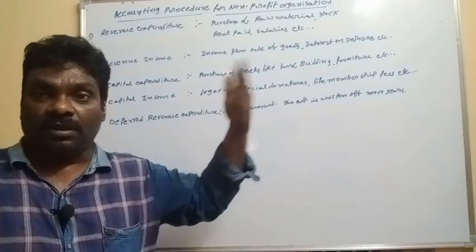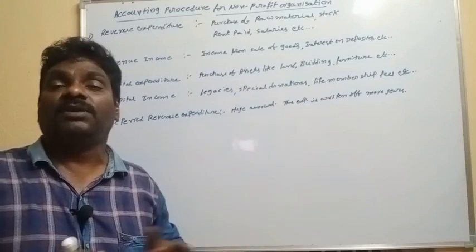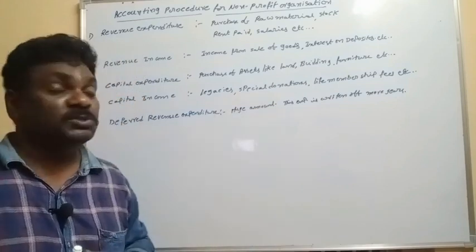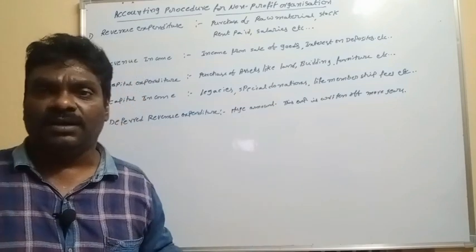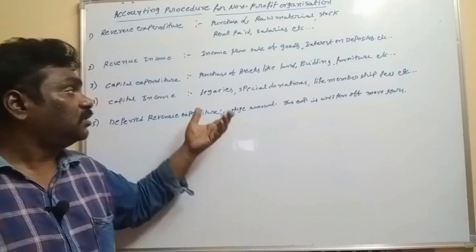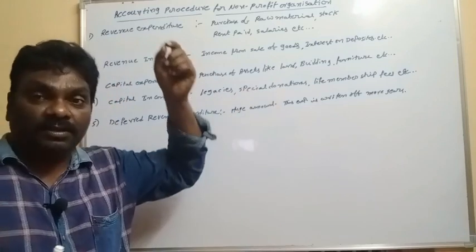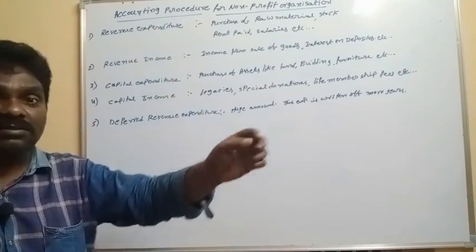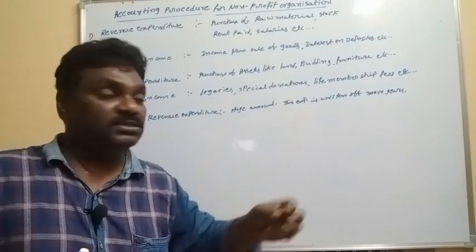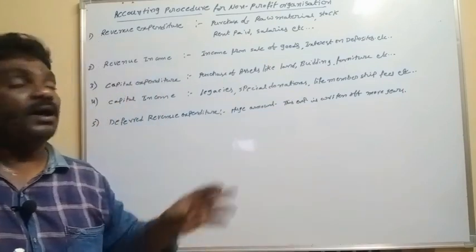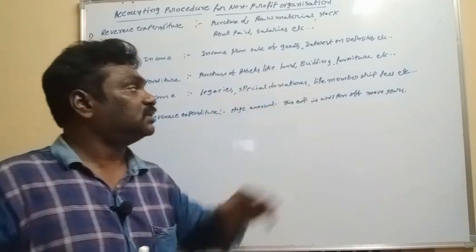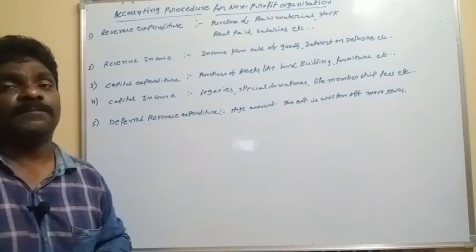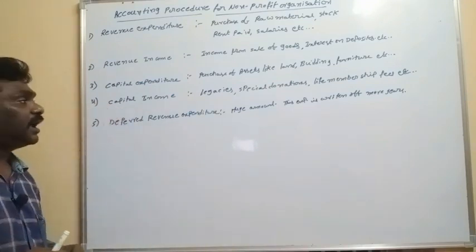Legacies means, for example, our grandfather earned some revenue and left it to us. Also special donations like a building fund or sports fund, given occasionally for a particular purpose, such as special donations or life membership fees. This type of income is capital income.